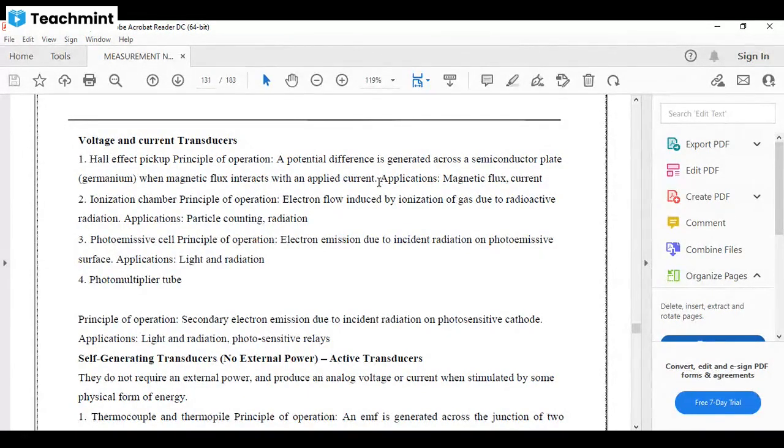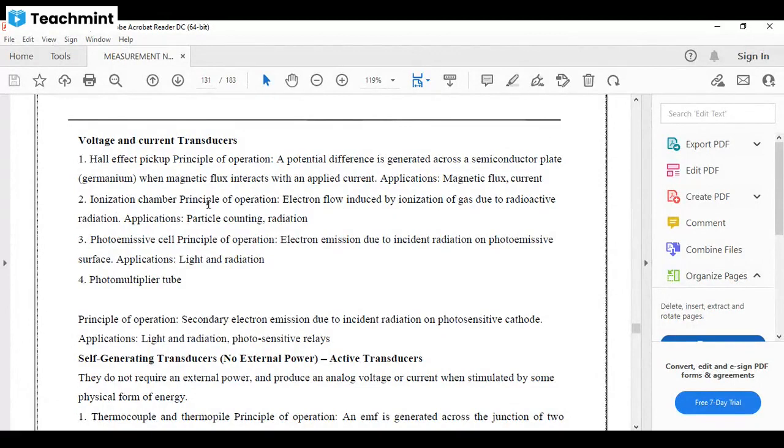So we can measure magnetic flux and current by using this type of Hall effect transducer. Next one is the ionization chamber.